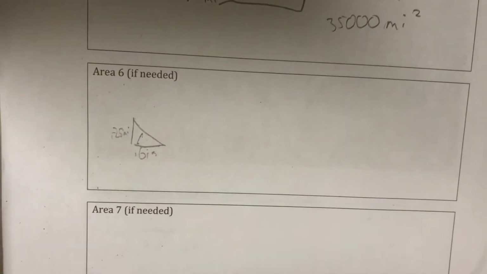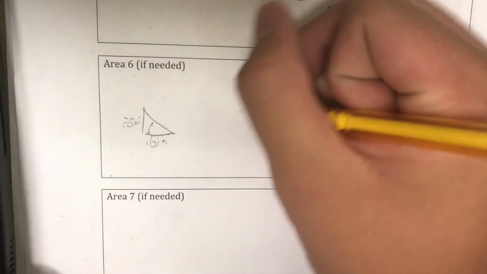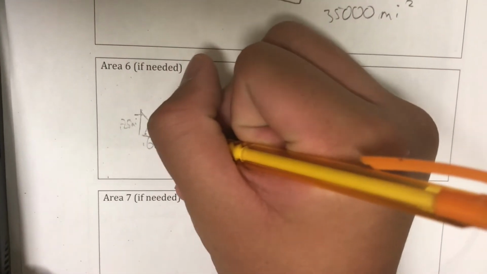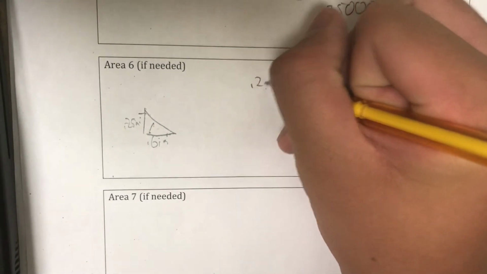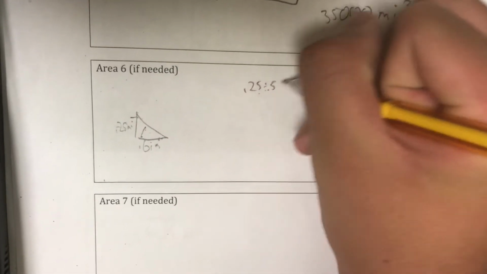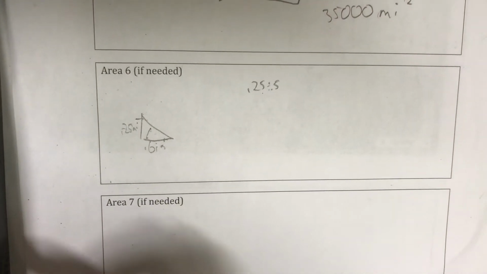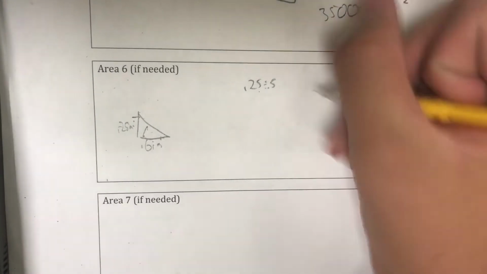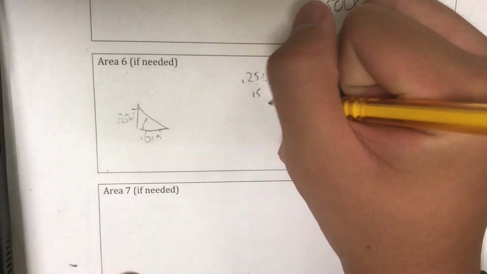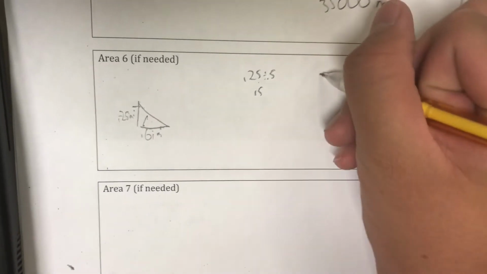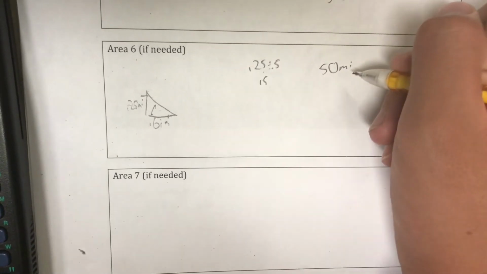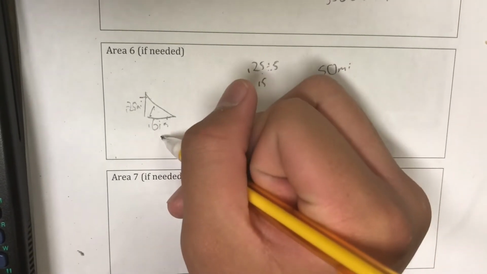The area of triangle 6. This is triangle 6, this little small triangle right over there. So we have to multiply these two and multiply it by 1/2. So it's 0.25 divided by 0.5, just like all the other ones. That gives us 0.5. And we multiply it by 100 to give us 50. So it's 50 miles for our height. Now the next one is 0.6.